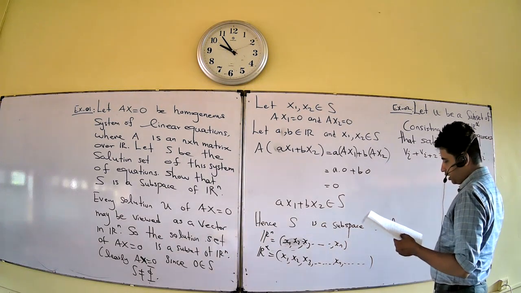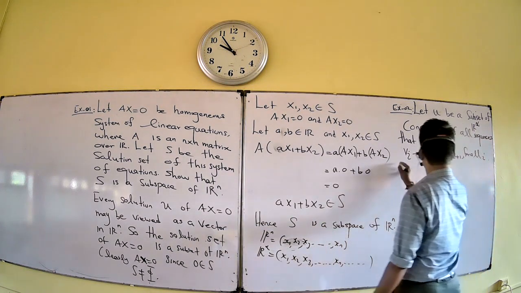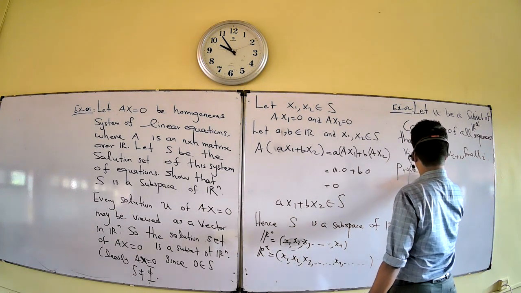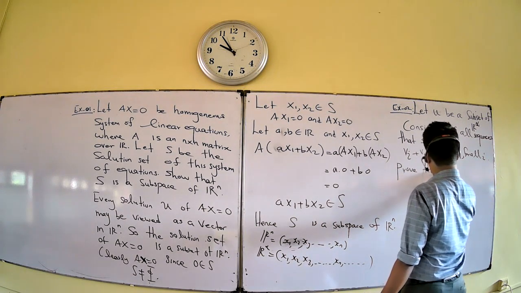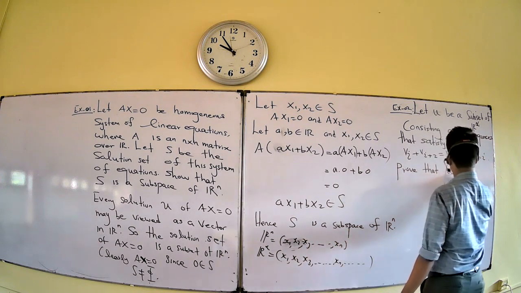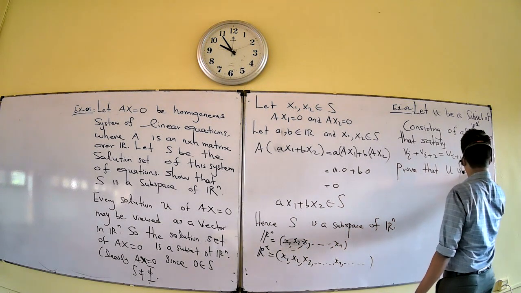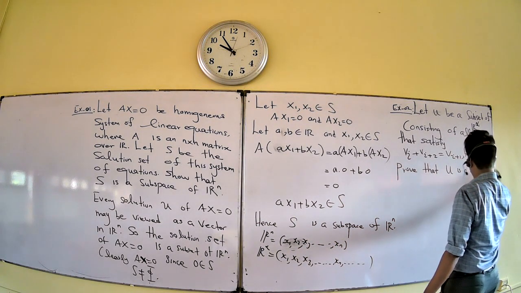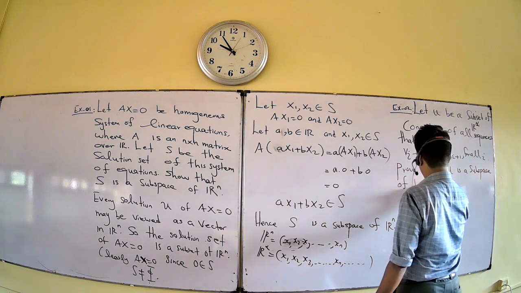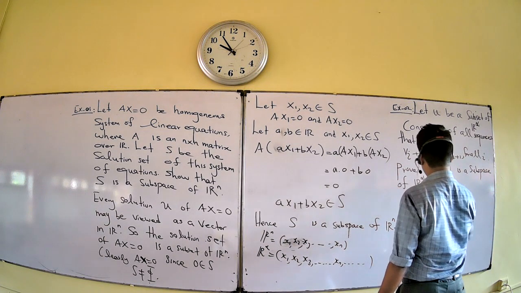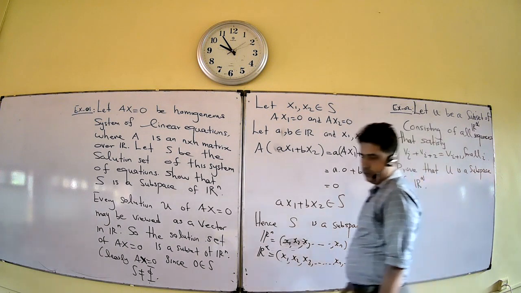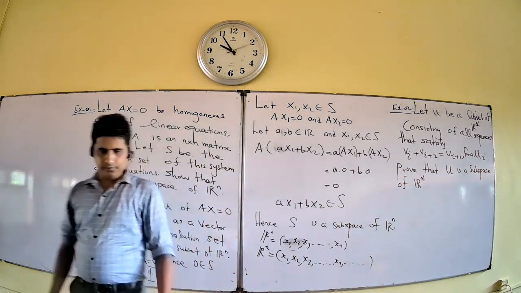Prove that U is a subspace of R infinity.